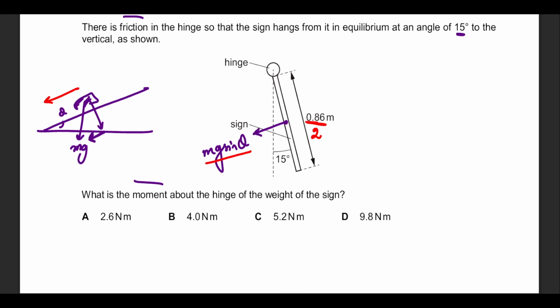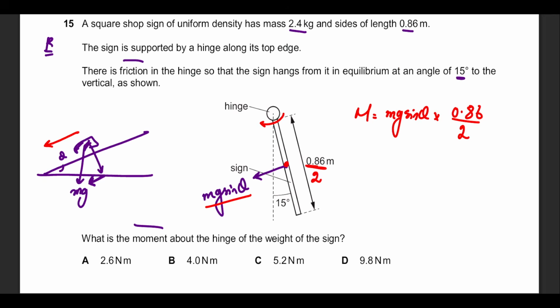0.86 has to be divided by 2, because the center of mass, or center of gravity, is at the center. So the total moment experienced by the hinge, because of the component of weight, mg sine theta, is multiplied by 0.86 divided by 2. We have the mass given in the question, that is 2.4, the length, and the angle.